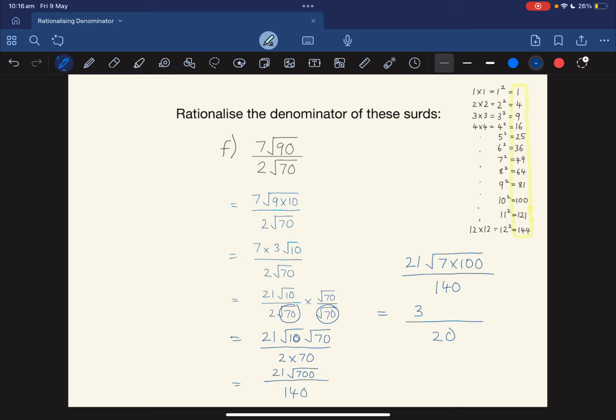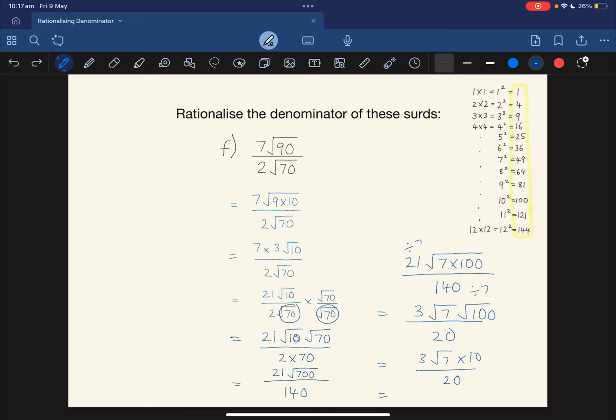Oh, of course, because the common factor is 7 on the numerator and denominator. 7 goes into 21 and 140. Then you've got root 7 and then root 100. 3 root 7 times 10 over 20. 3 times 10 is 30.